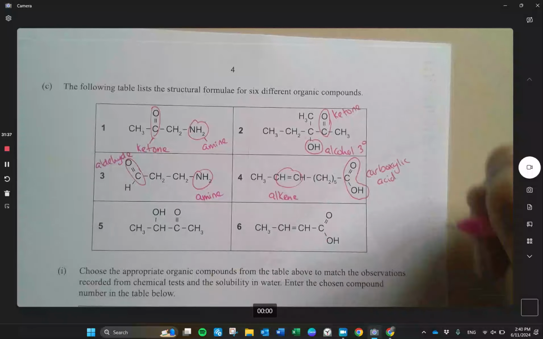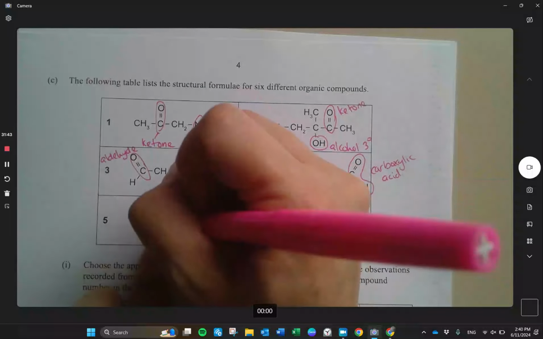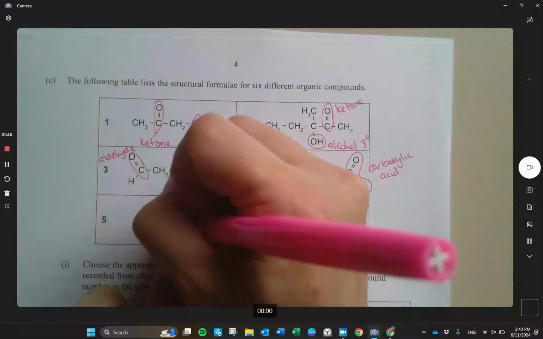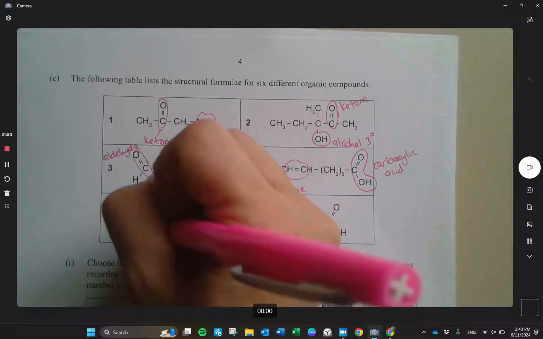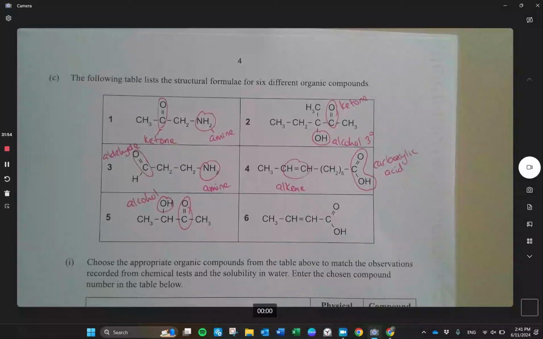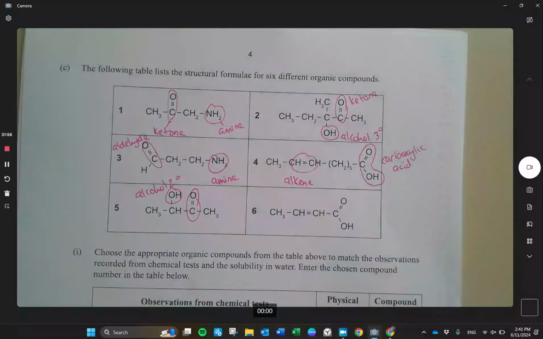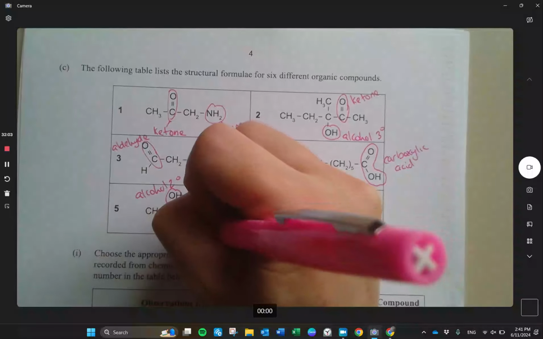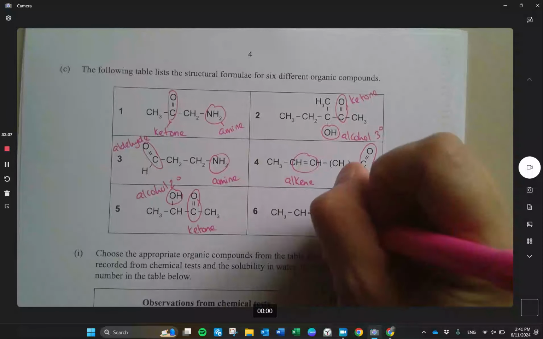This one over here, we have an OH, and then we have a carbonyl, but they're not on the same carbon. So this is now an alcohol. Is the alcohol primary, secondary, or tertiary? Secondary. Yeah. All right, and then this here is a ketone, ketone again. Okay. Last one over here, alkene. And then this, carboxylic acid.